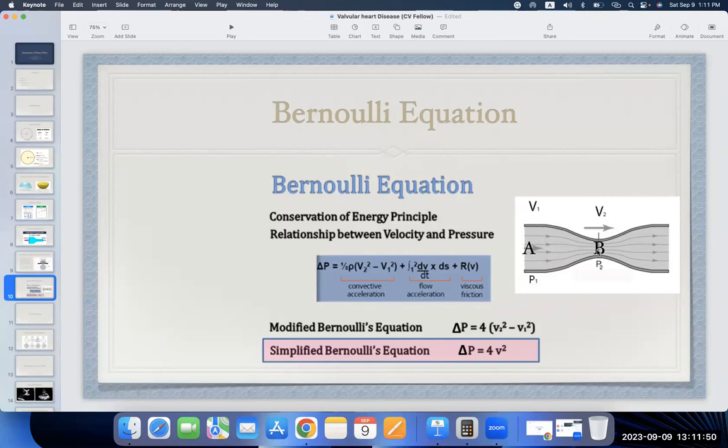So you need to account for V1: you square velocity 2, subtract the square of velocity 1, and then multiply by 4 to get the pressure gradient. This is important, and we'll talk about this later.